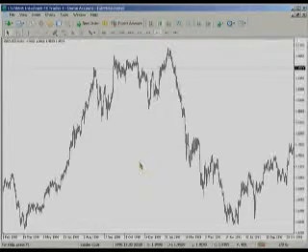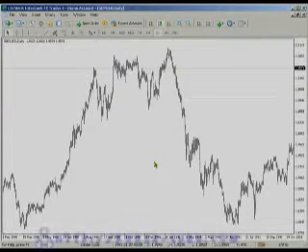And anytime we can identify that, we have higher odds of making money, and that's when we can gauge the likely direction of the marketplace. Now, here's a very important point. Trend really is just a concept. It's an idea. But knowing trend and being able to identify trend is not going to directly make you money.